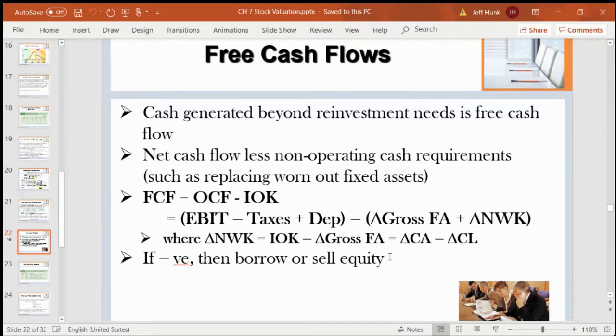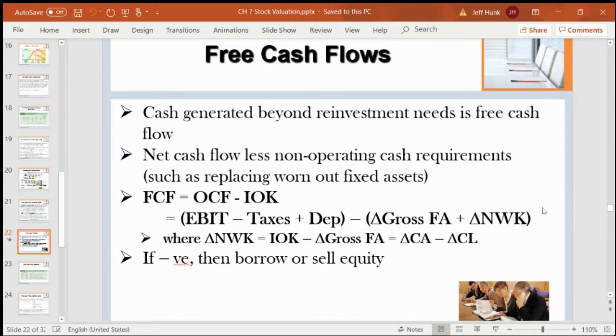So they will try to maintain the original production capacity or even raise it to a higher level. If the economy is good, the demand will increase, so they will need to increase the production capacity, right? So there will be a change in fixed assets.